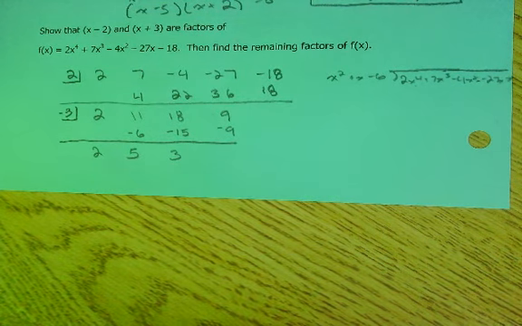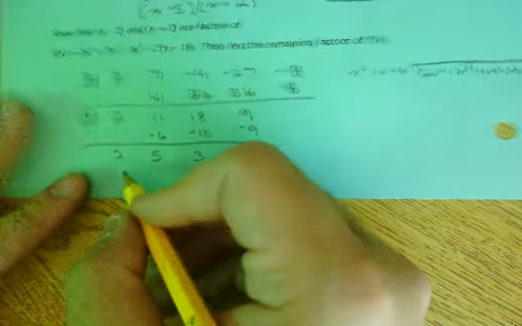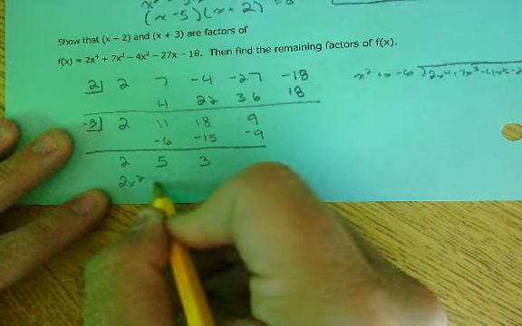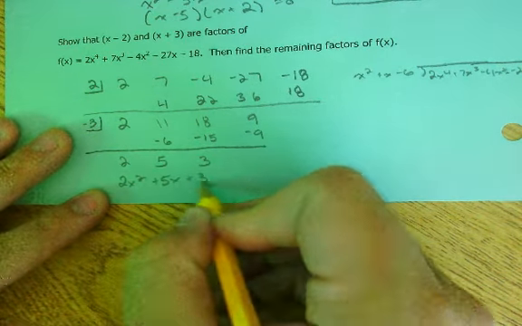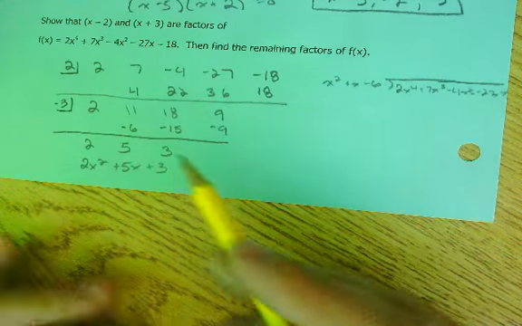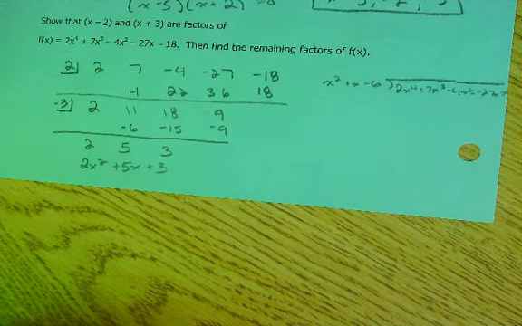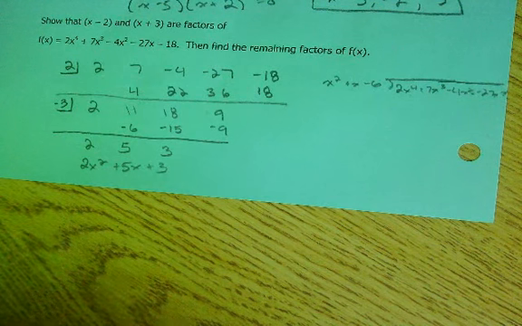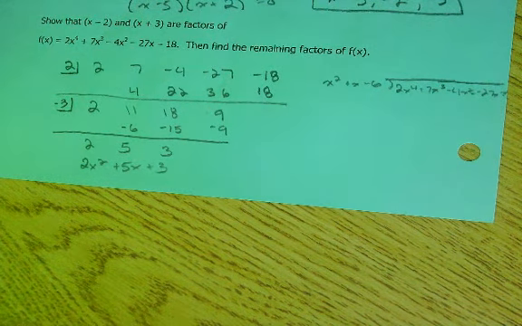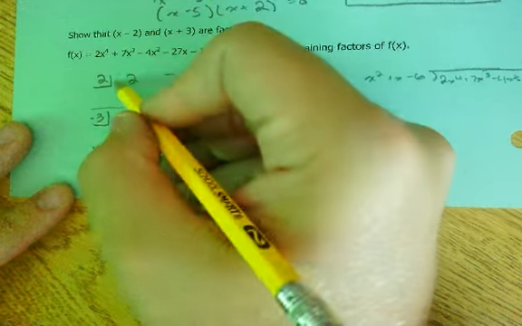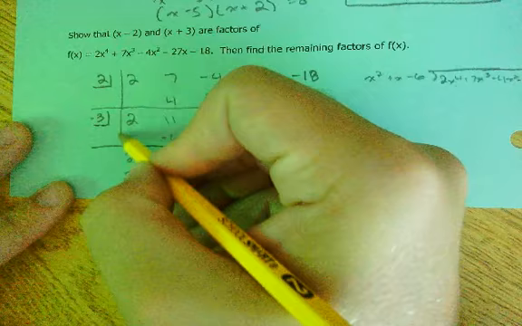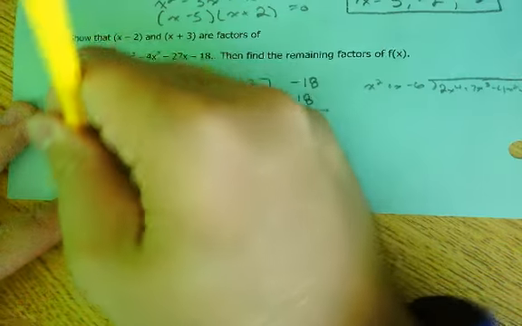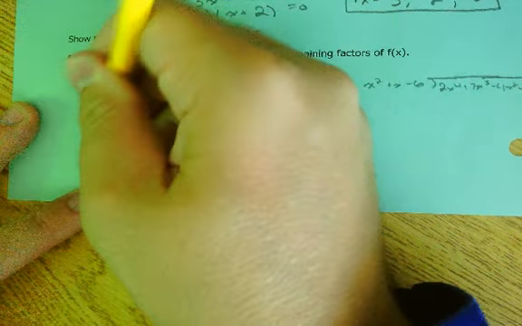Okay, so this becomes what now? 2x squared plus 5x plus 3. So how does this look doing your little L method? Whoa. Like, wait, I did this so wrong. I can't see that at all. It looks like this.